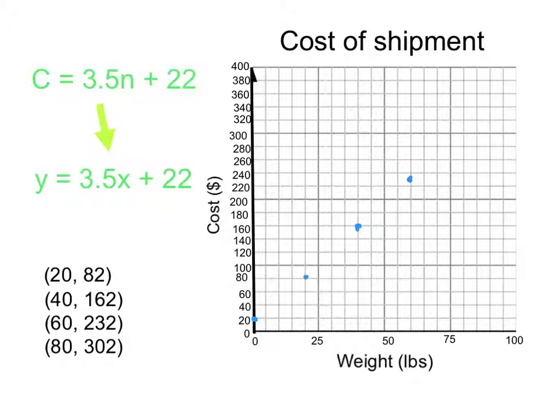Then we have 80 pounds for the weight, and 302 for the cost. And then finally we have 100 pounds for our weight and $372 for the cost. We will have our line, and then we're done.